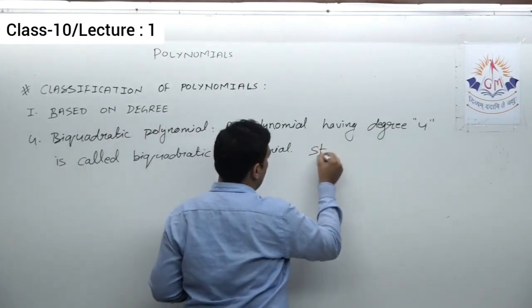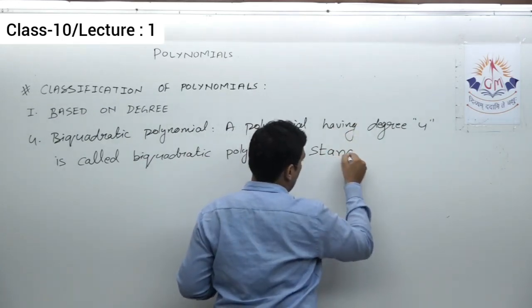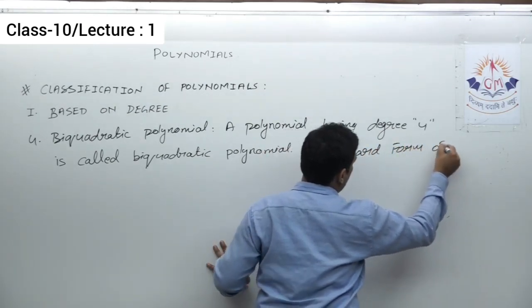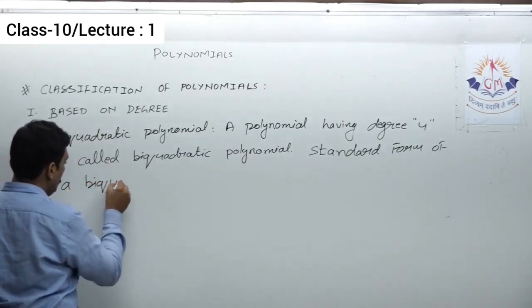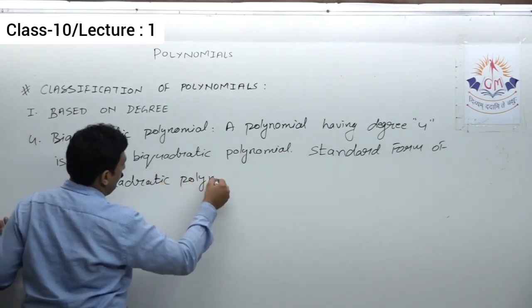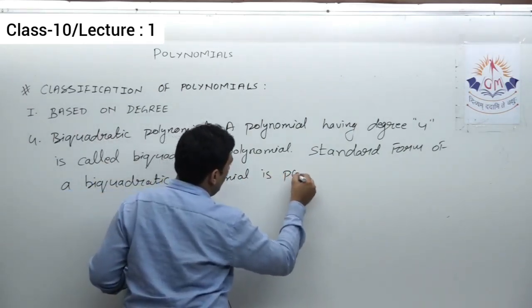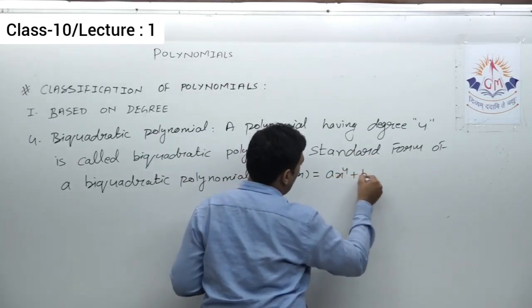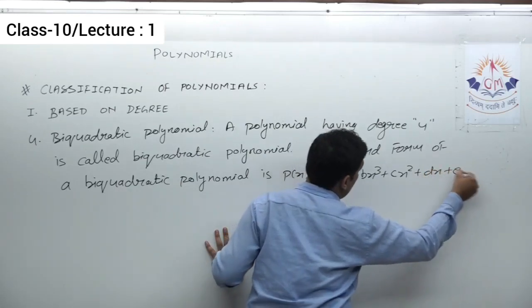Okay, now its standard form. Standard form of a biquadratic polynomial is p(x) = ax^4 + bx^3 + cx^2 + dx + e.